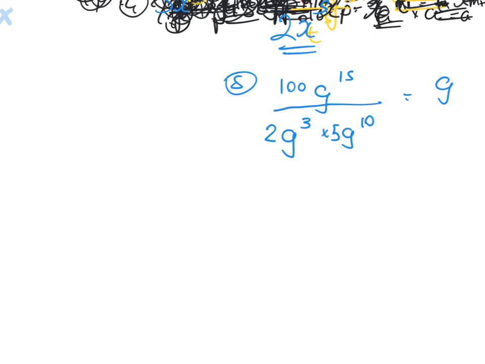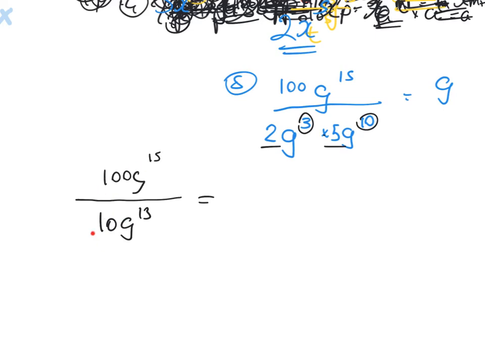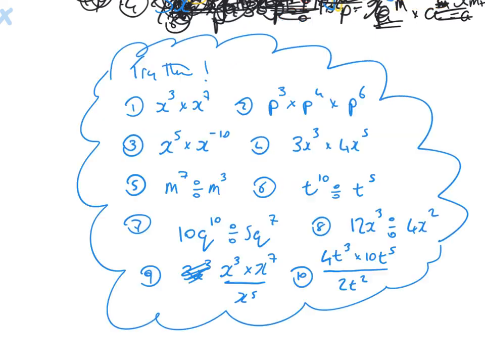So that's going to be 100g to the 15 over 2 times 5 is 10. And we're timesing, so 3 plus 10 is 13. And it's then 100 divided by 10 is 10. And it's 15 take away 13, which is 2. 10g to the 2, 10g squared.